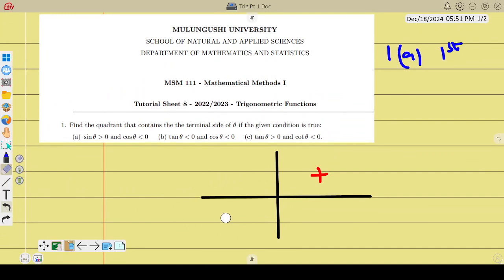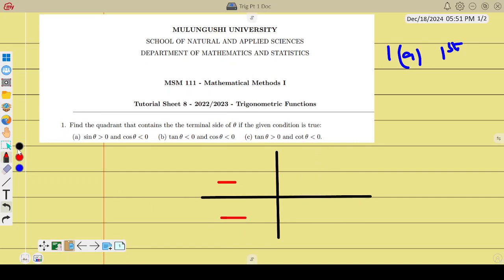If you know, you should comment some or tell me some. So tan theta less than 0, meaning where is tan negative, and cos theta less than 0, where is cos negative. For cos, by now we're getting familiar that cos is negative here and here, because here it's positive, there it's positive.